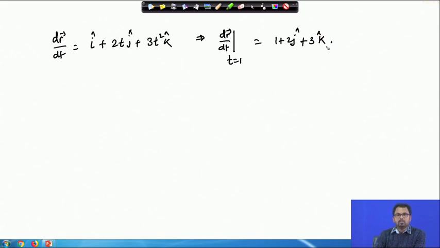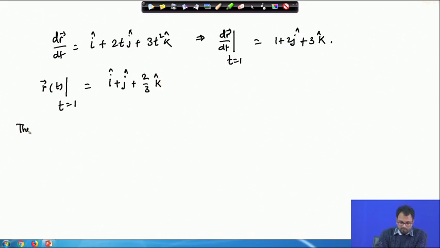So, that is the tangent, and at the point t equals 1, r(t) will be i plus j plus 2/3 k.